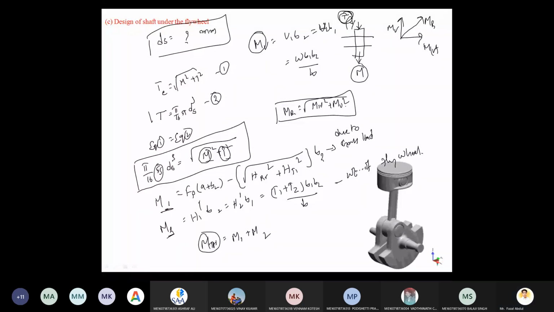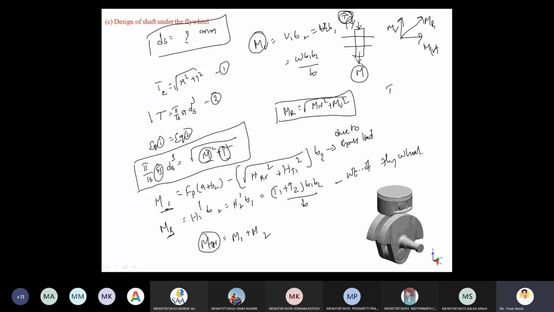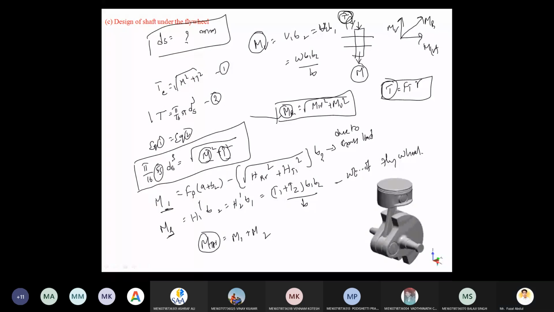And the torque transmitted by the shaft is T equal to tangential force into radius of the crank. Now here, bending moment and torque: I am applying this equation for bending moment and this equation for torque.